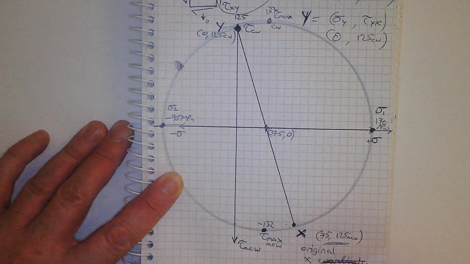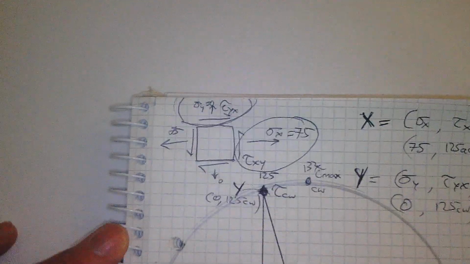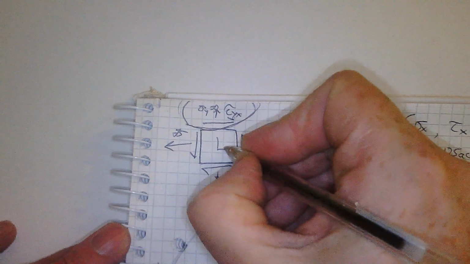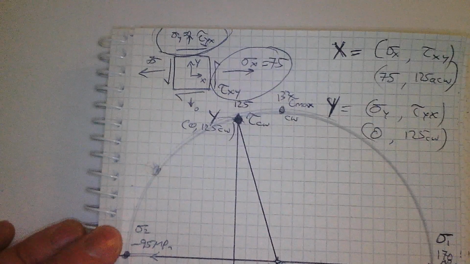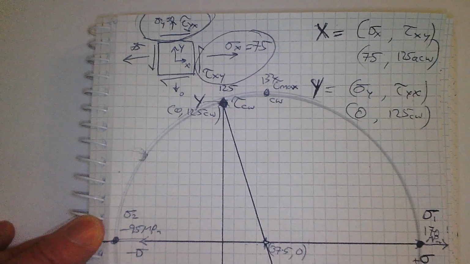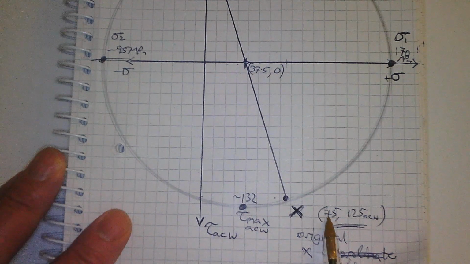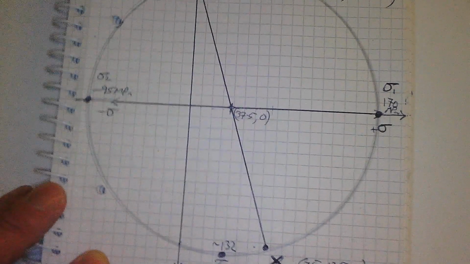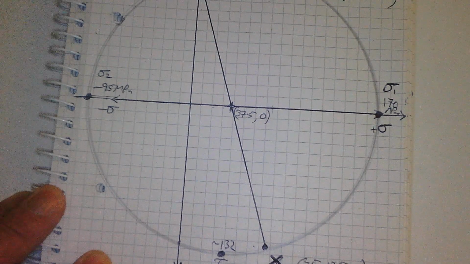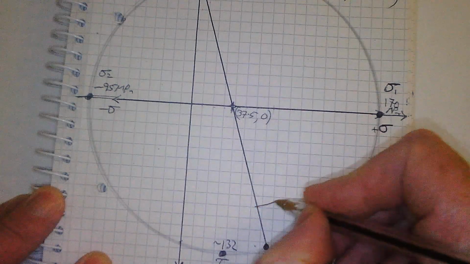Okay, so in our original stress element that we were looking at here, this was our original x, our original y. The original x-axis corresponds to this point down here where you have your sigma x and your tau xy. From the original x-axis to our new x-axis is going to be this angle here.